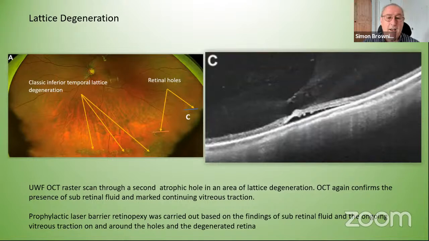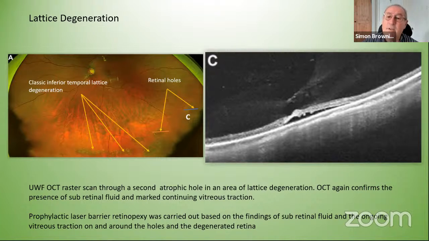And again, if we look at area C here, we can see another, what looks like an atrophic hole in an area of lattice. Once again, the OCT confirms that there's subretinal fluid there, and there is marked ongoing vitreous traction. This chap, because of the ongoing vitreous traction, great risk of a major retinal tear there.